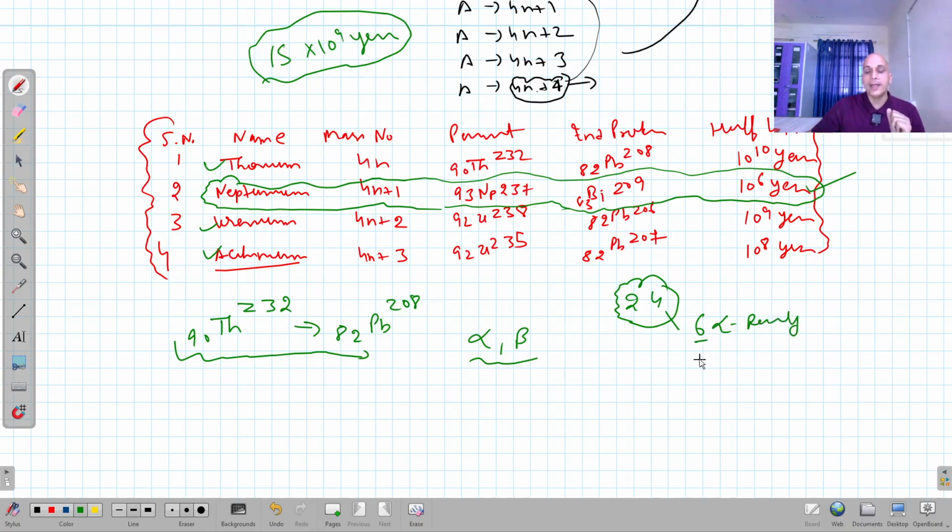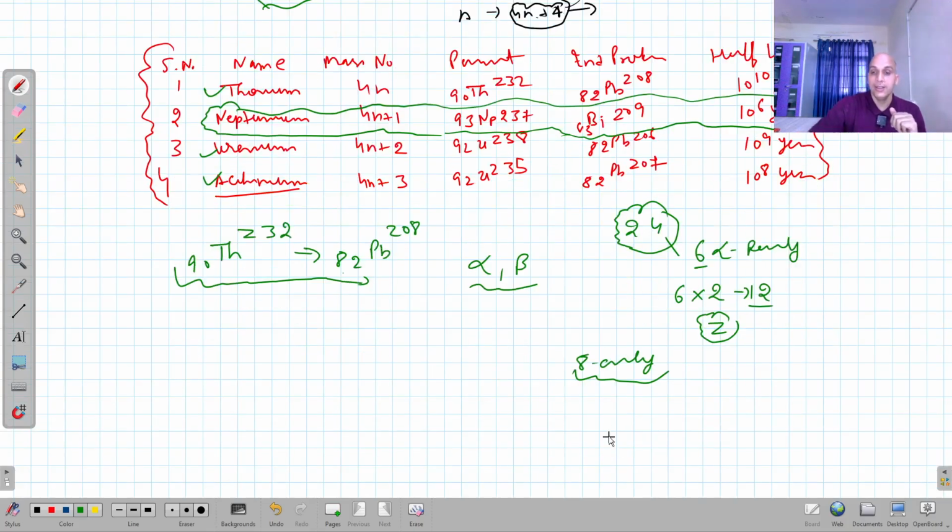Now, if 6 alpha particles are emitted, then 6 into 2, it means a 12 decrease in Z will be observed. The atomic number will change by 12, but here you can see 82 and 90, it is changed by 8 only. So how can this 12 and 8 compensate?